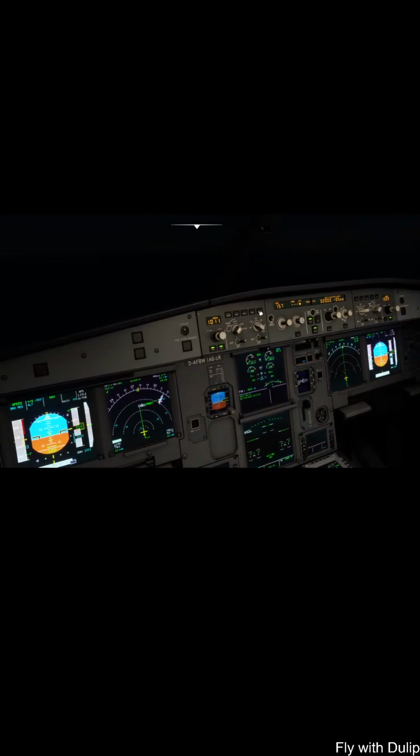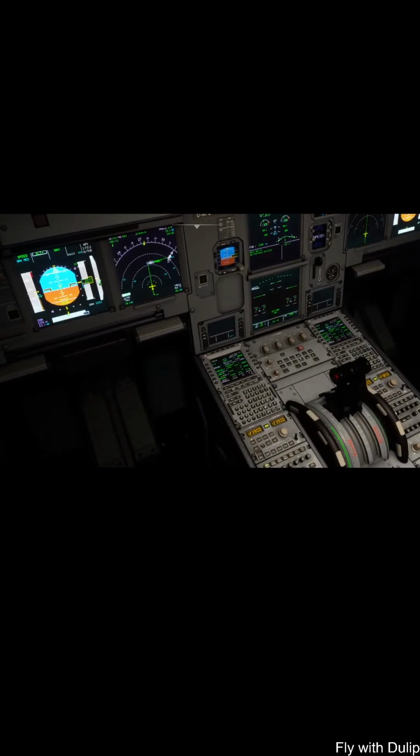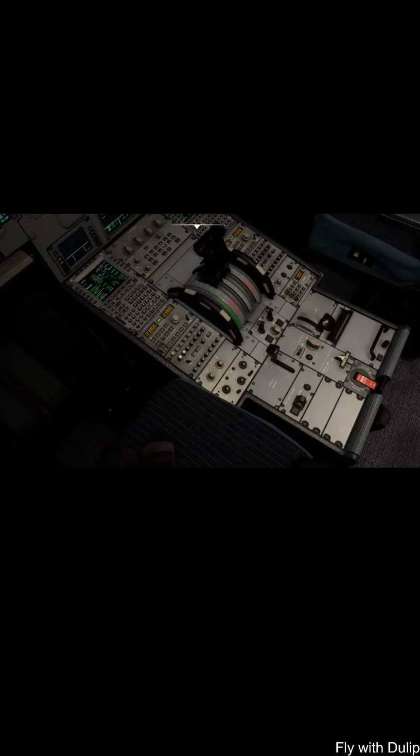SriLankan 103, report to indicate the high speed. 160, SriLankan 103. Copy. And we are reducing this further down to 130. Check. Landing lights. Runway turn on. Flaps full.